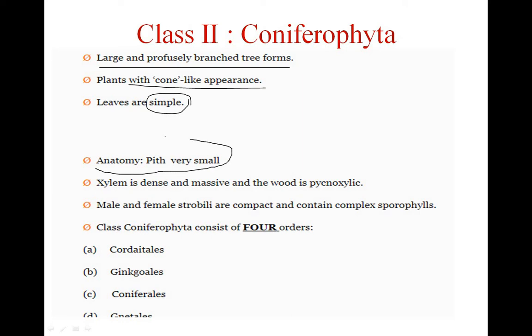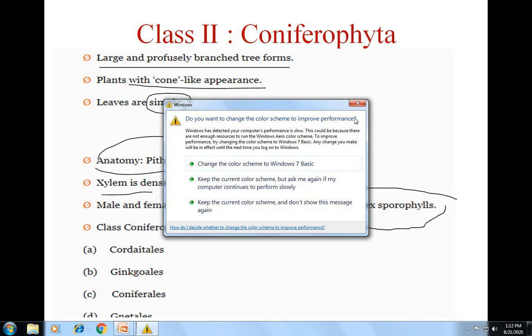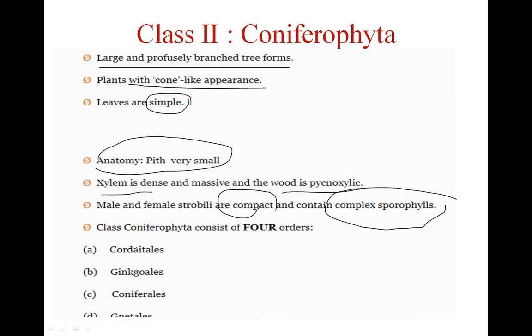Anatomically pith is very small, whereas xylem is dense and wood is pycnoxylic. Again, these two types of wood we have studied in the general characters of gymnosperms. I'm not going into detail of that. Male and female strobili are compact, and they also contain complex sporophylls.